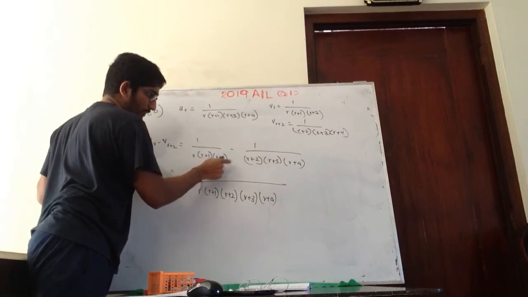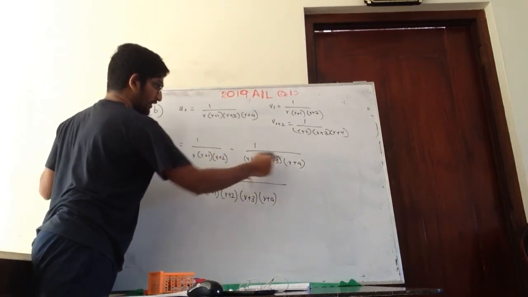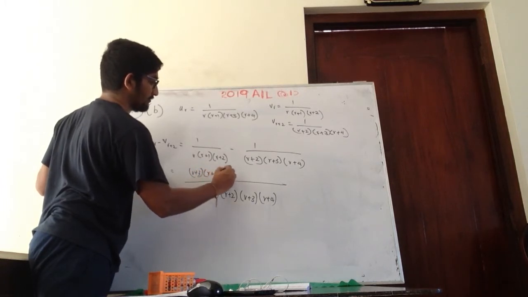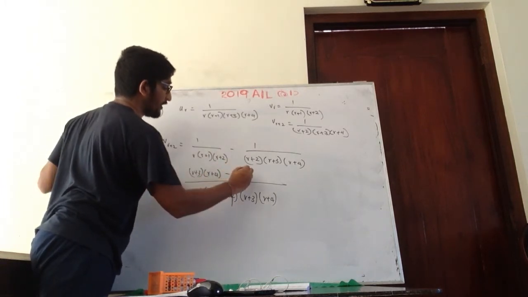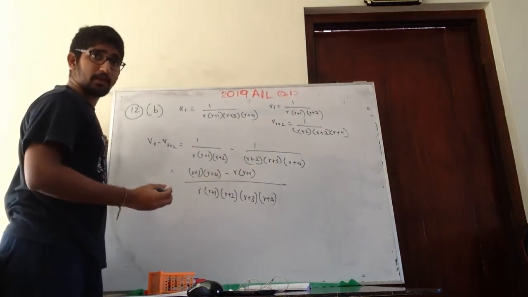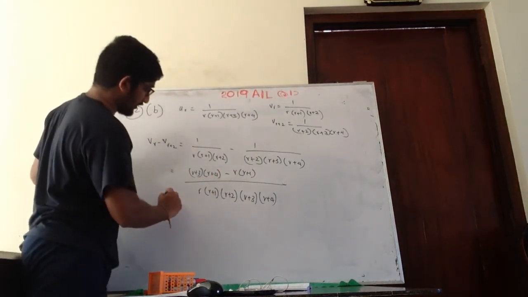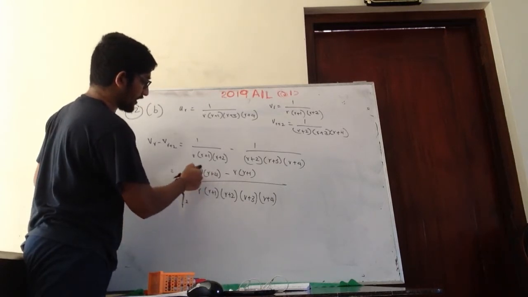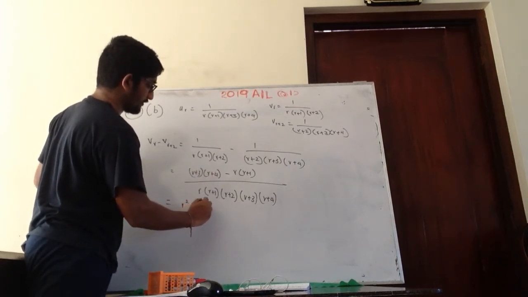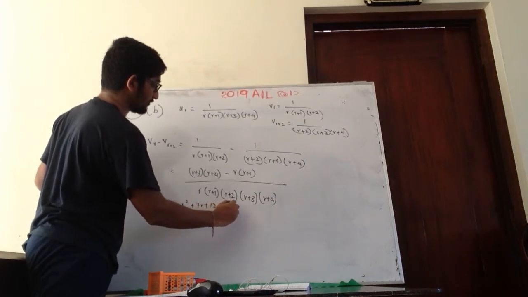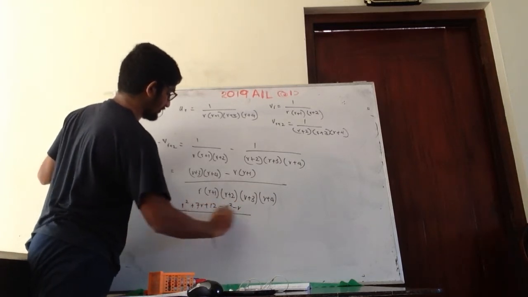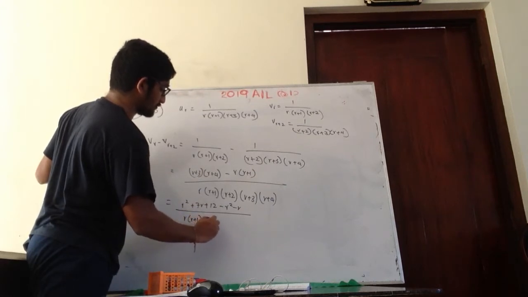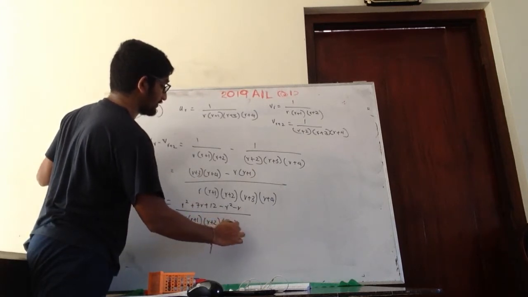R plus 2 is the common one, so we will get (R plus 3)(R plus 4) minus (R plus 1). Then for R square, 4R and 3R is 7R plus 12, minus R square minus R.